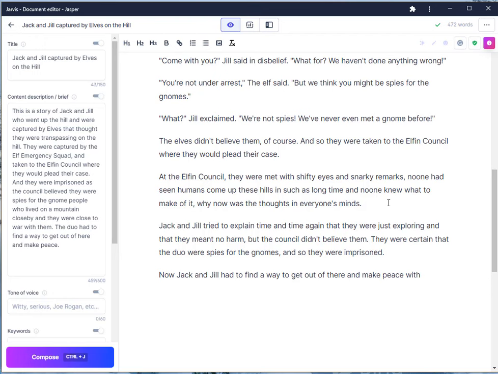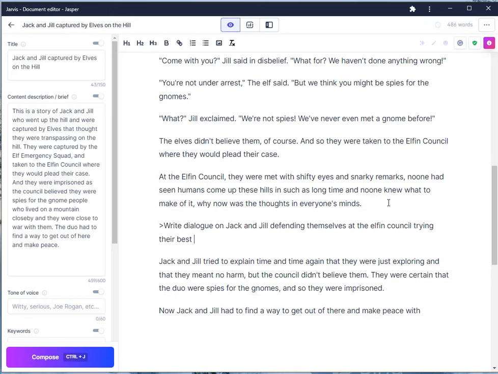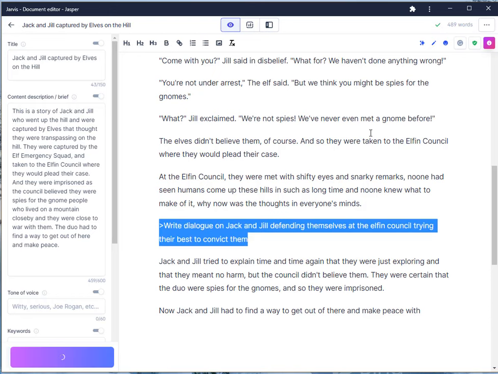But if you want to go even deeper and see what was already spoken about when they try to plead a case, you can give a command of write Jack and Jill defending themselves at the council, trying their best with them. Let's see what happens with this command.